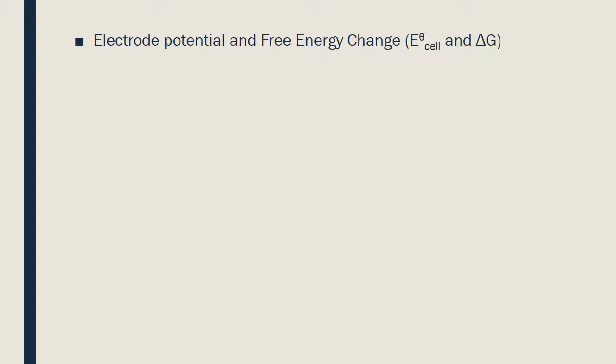The third calculation that you need to know is the electrode potential and how it relates to Gibbs free energy. So we're going back to topic 5 yet again. All right. So the calculation you need to know is delta G equals -nF E theta, where n is the number of moles of electrons transferred.